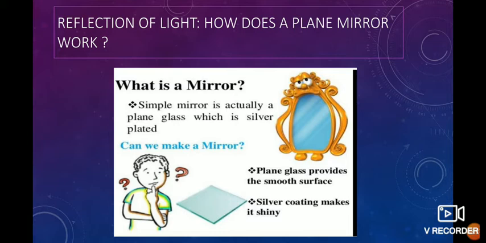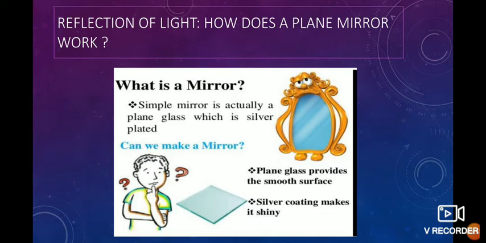So, daily we see our images in a plain mirror while brushing our teeth, while getting ready for school, while combing our hair. The mirror which is there in your house, we call it a plain mirror. But do you know how a mirror is made or how it works? It is actually very simple. A mirror is made up of a plain sheet of glass, which is a very, very smooth surface.